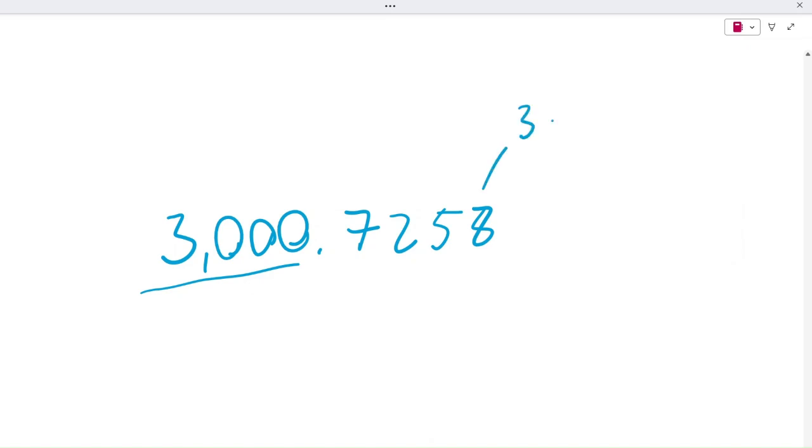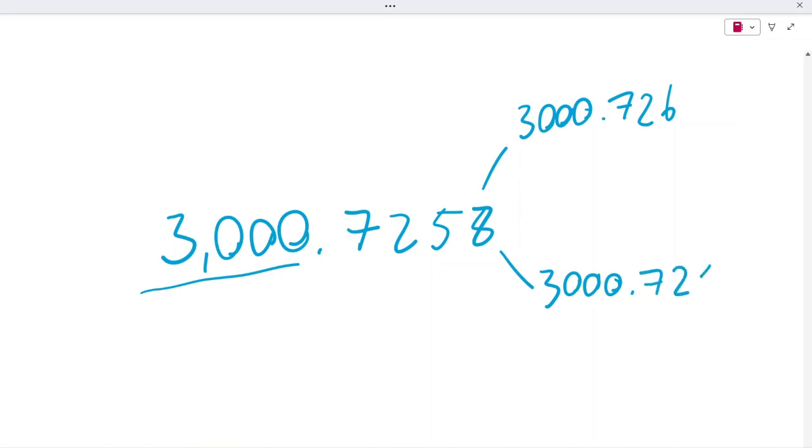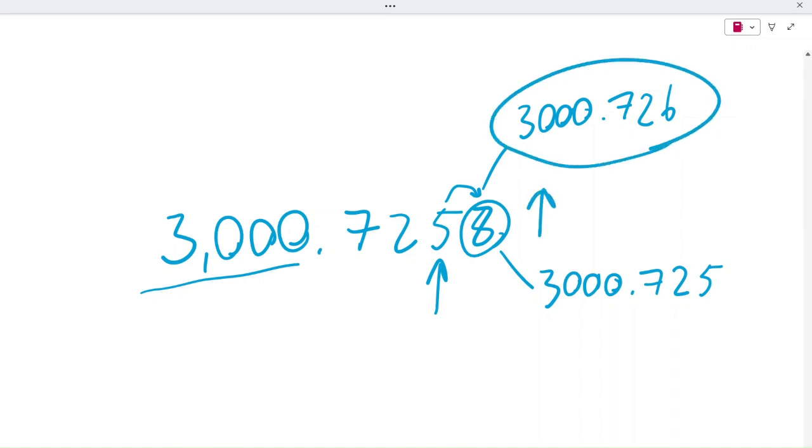So we get 3,000.726 or we get 3,000.725. We look at this 8, because it's to the right of the thousandth location. And we know with 8, we round up, so we get 3,000.726. And I hope that clarifies a lot of things and makes everything a lot more simple and easy when it comes to rounding decimals.